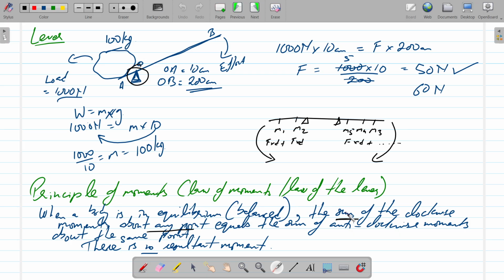Now, the two things I pointed out is that the sum of the clockwise moments and the sum of the anti-clockwise moments, that means that you can have more than one moment acting clockwise and more than one moment acting anti-clockwise, like I tried to illustrate over here, right? And about any point, that means that there could be more than one point of pivot, or more than one resting point.